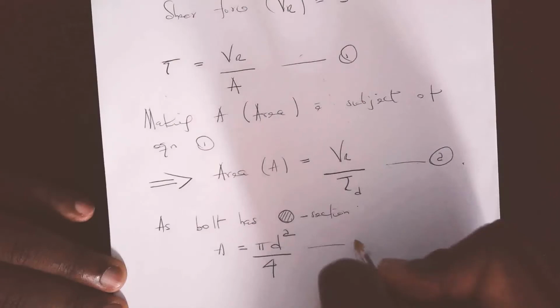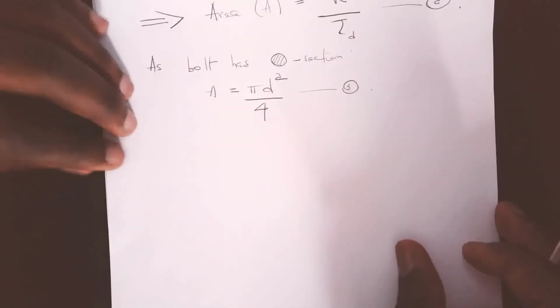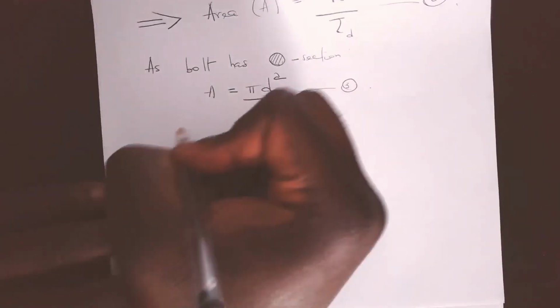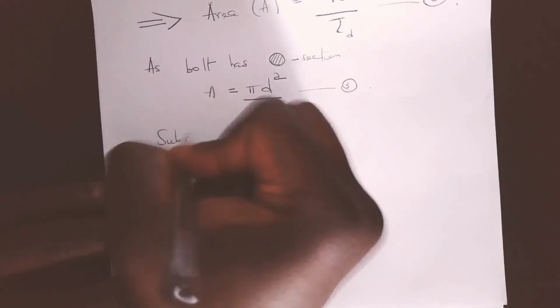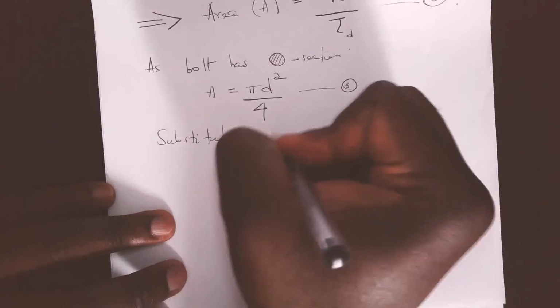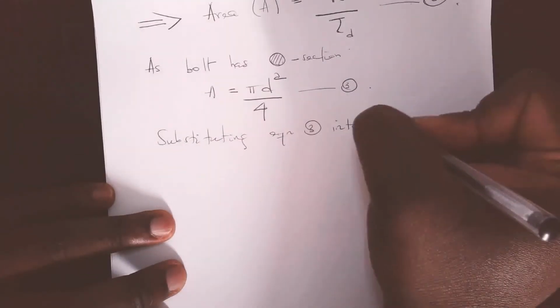Let's call that equation 3. So we're going to substitute equation 3 into equation 2 and make D the subject.